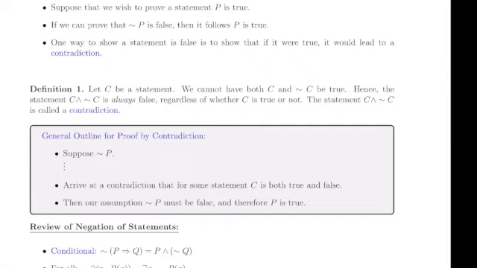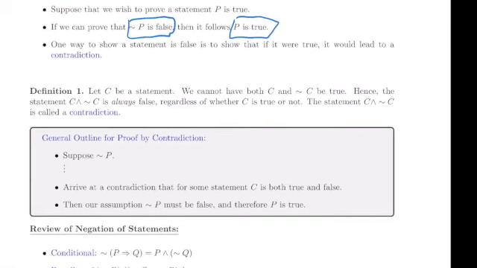So the general outline for a proof by contradiction, again, the idea here is we're hoping to show that the negation of P is false, which is going to therefore tell us P is true. So that's the real goal, is we're hoping to show that P is true, but we're going to do that by showing that its negation is false.